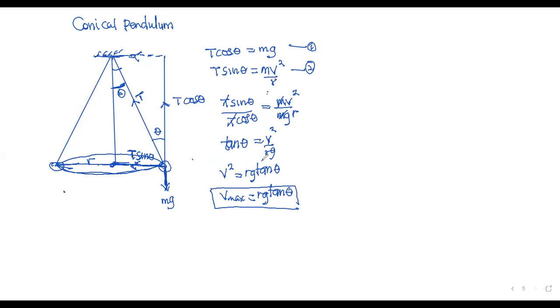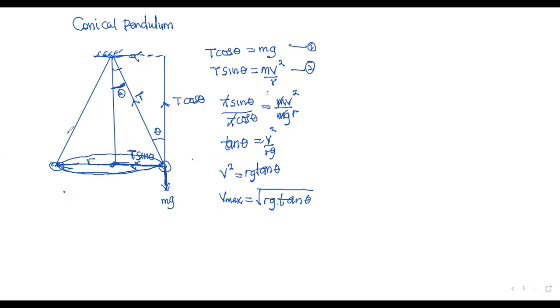Oh, thank you. So this is V max is equal to square root of rg tan of theta.